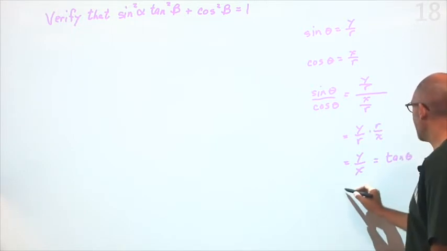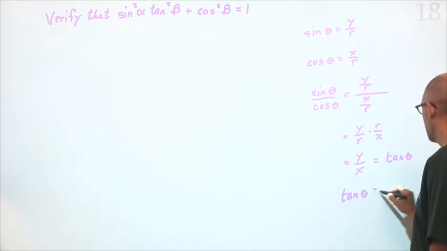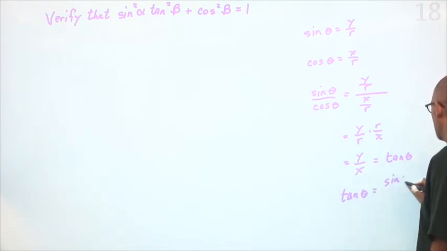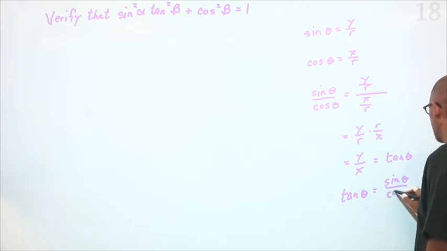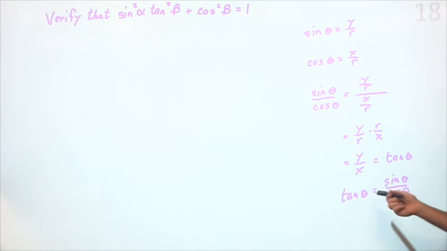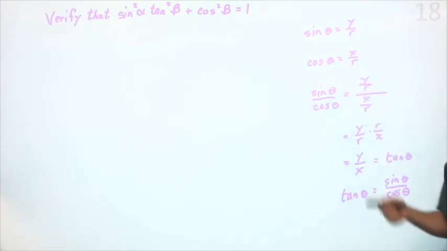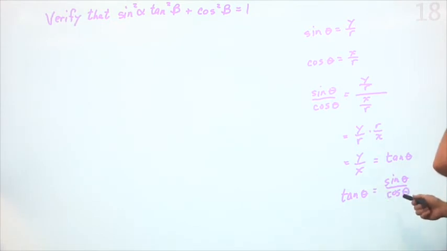So what we just found out is tangent theta equals sine theta over cosine theta. Now, we don't need this identity for verifying this, but it comes in handy. So I'm going to use this.